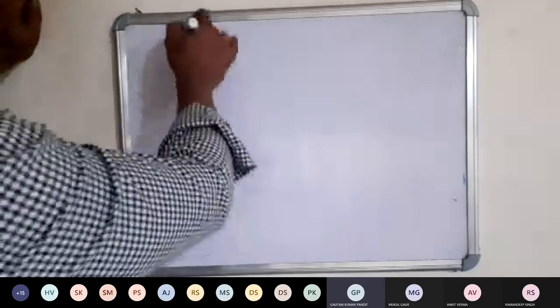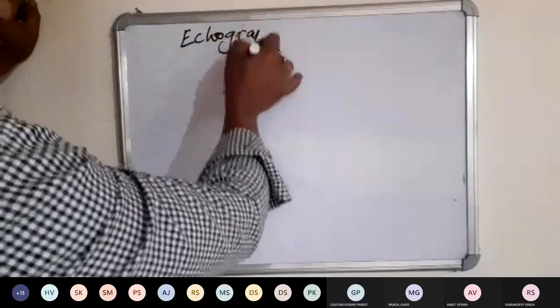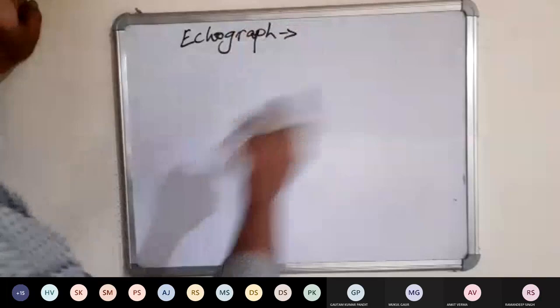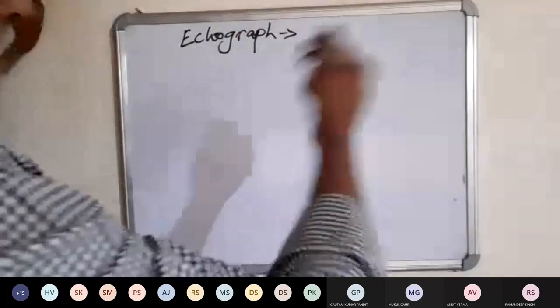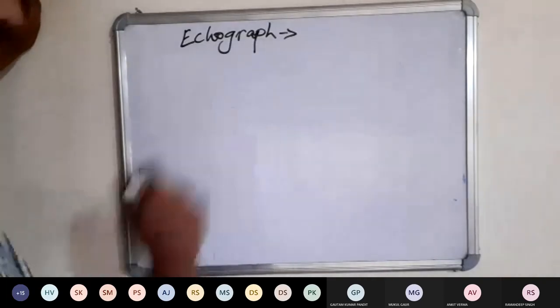So what we are talking about is an echograph. And what actually we are discussing is the electromechanical type, which is in the syllabus. But the digital system also works on the same principles. सिर्फ इलेक्ट्रॉनिक्स हो जाती है वहां पे, मैकेनिकल सारा हट जाता है, but principle remains same.